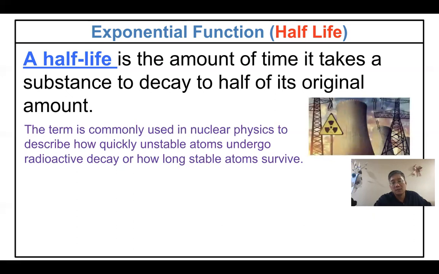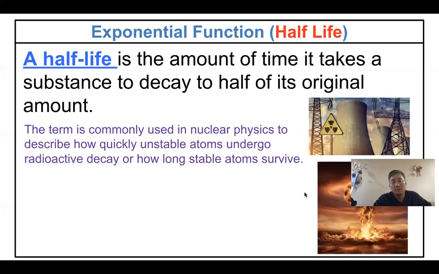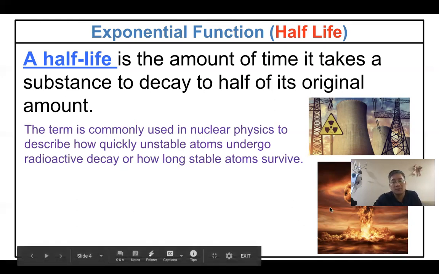So look at this, the nuclear plant, right? And when a nuclear bomb explodes, what's coming out? The radioactive material, right? So how long does it stay in the air? That's very important to know.